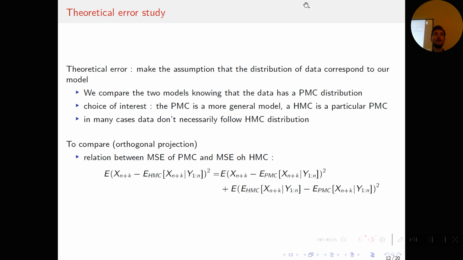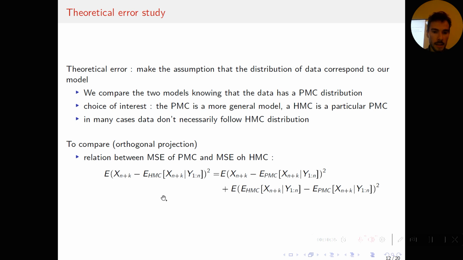So, after having defined our model, we are now able to have the prediction and the MSE, mean squared error, which is the value of the covariance matrix. Knowing that the theoretical data has our PMC distribution, we can write the MSE for our HMC.